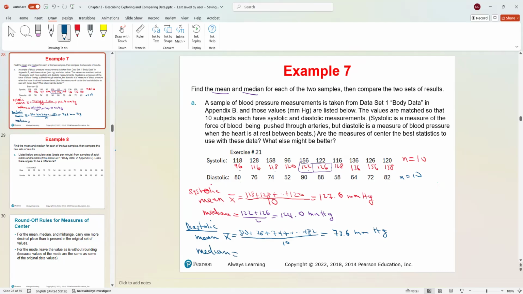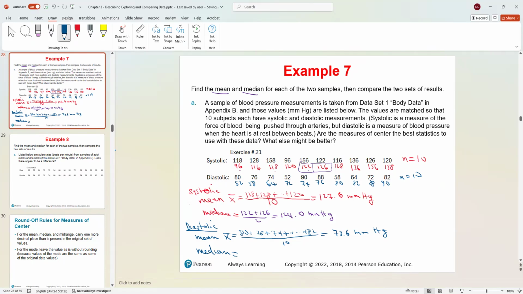What could be the median? The median would be the data that's exactly in the middle, but you need to reorder the data from the smallest to the largest. We see 52 comes first, 52, 58, 64, 72, 74, correct me if I'm wrong, 76, 80, 82, 88, and 90. 90 is the largest one.